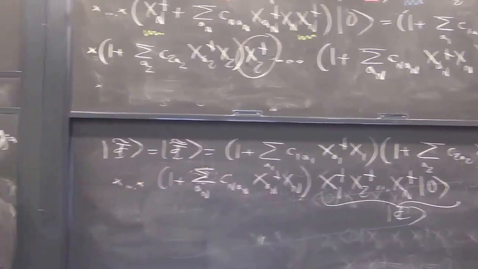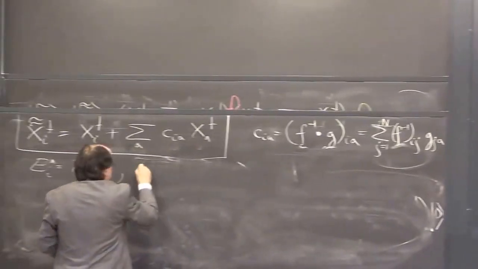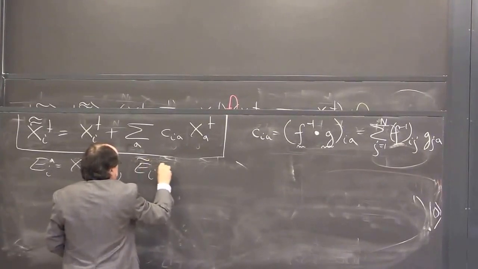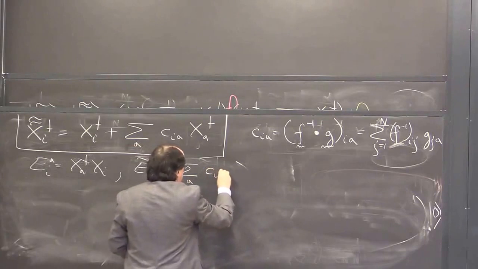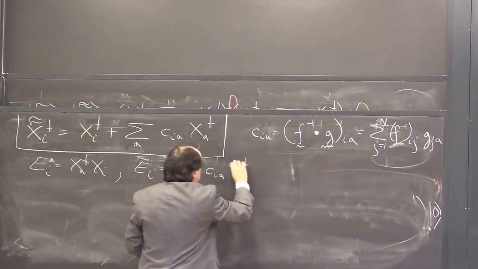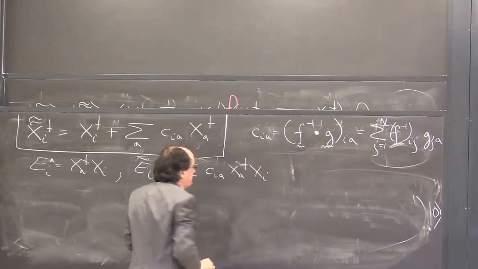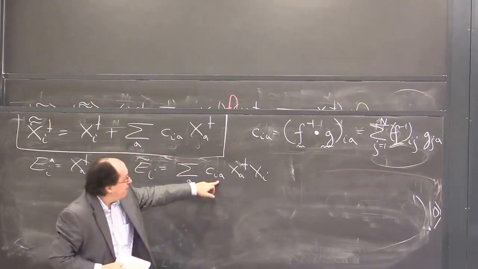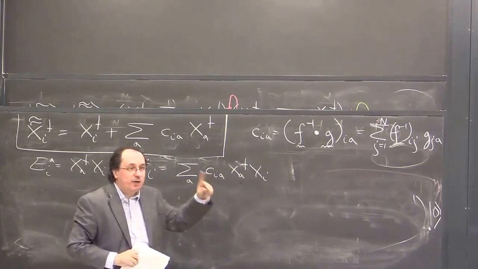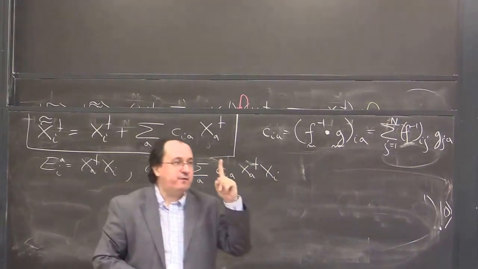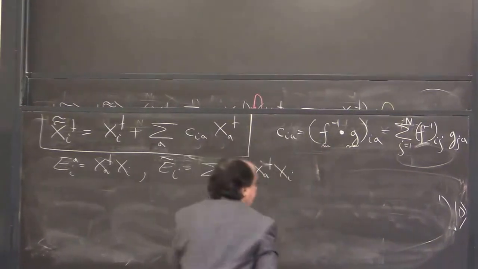So let's introduce the corresponding quantity. I'll call it EI with a tilde. It is a summation of the following type: CIA, XA dagger, XI. Okay? I am summing over unoccupied states, but I'm not summing over I. So you can call it a one-body operator, but with a fixed I, because you have a fixed I in each of these bracket terms.